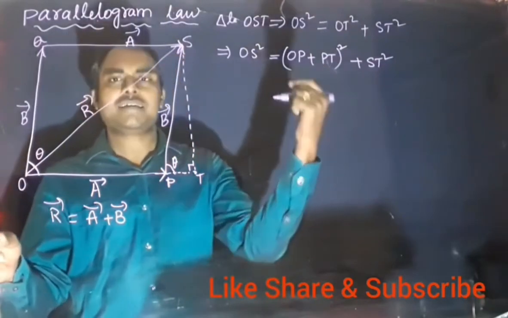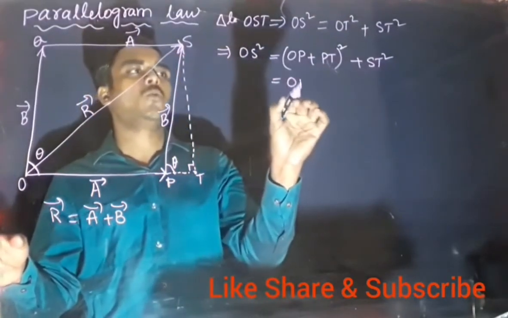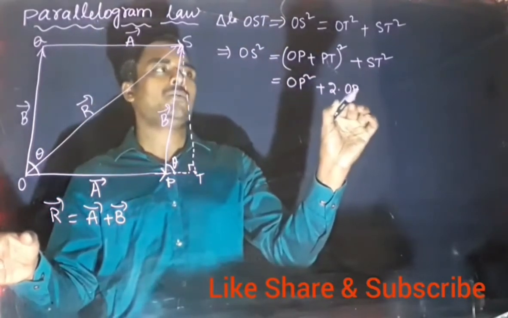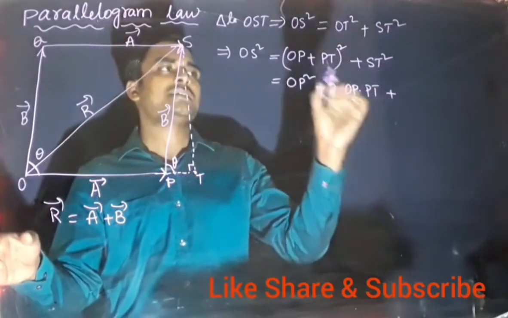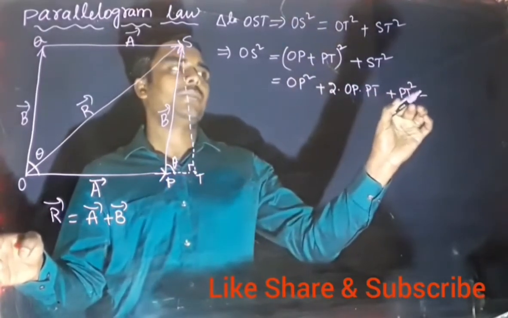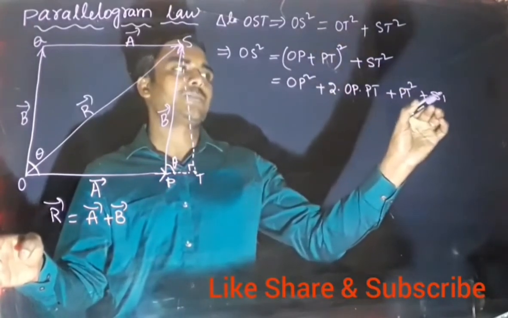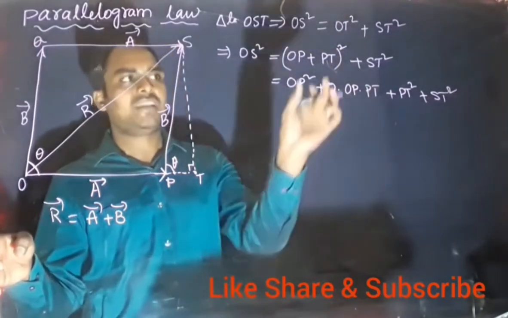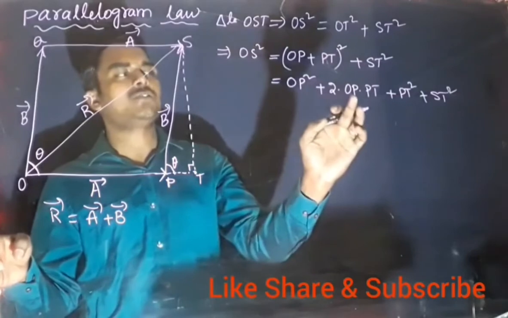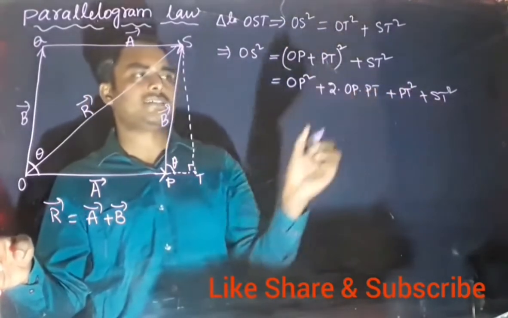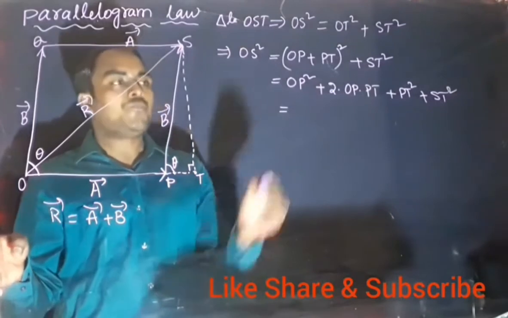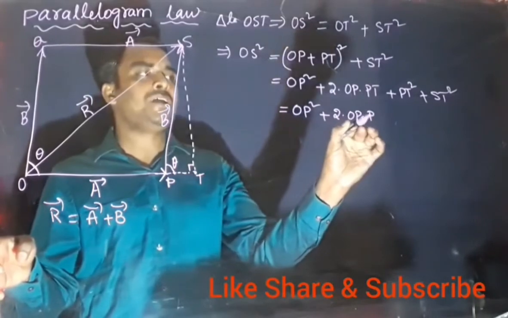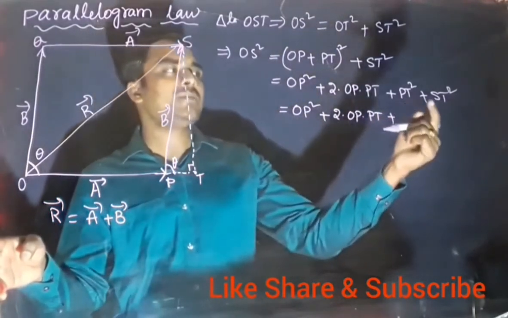Now let us expand it so that it becomes OP square plus 2 into OP into PT plus PT square, plus this ST square as it is. So the formula A plus B whole square is A square plus 2AB plus B square. ST square as it is.